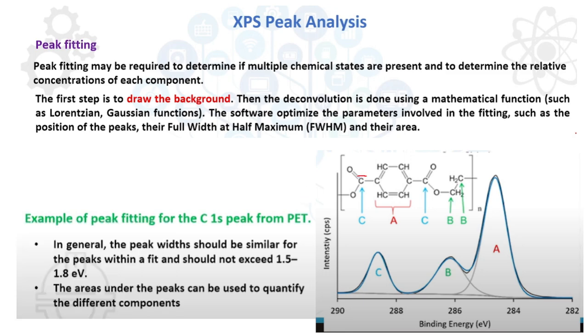So this carbon C is bonded with two oxygen. Now both this carbon and this carbon are sp2 hybridized. Only this carbon and also this carbon are sp3 hybridized. Now if you check the binding energy, you see that C1s, that A, is coming around 284 point something.